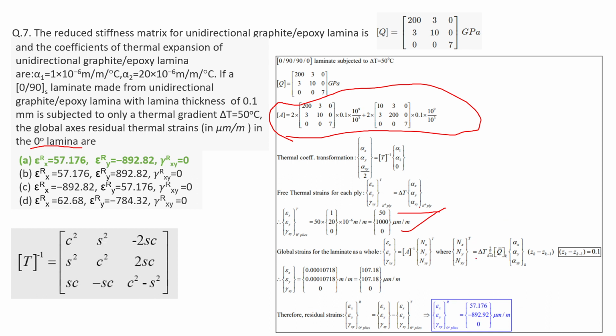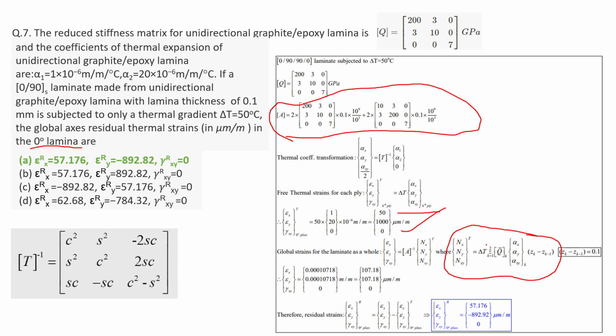So you can get the value of this load equal to delta T into summation of the reduced stiffness matrix multiplied by the coefficient of thermal expansion into the thickness. This equation, which sir has already taught, will be used to find out the load because of any temperature change.